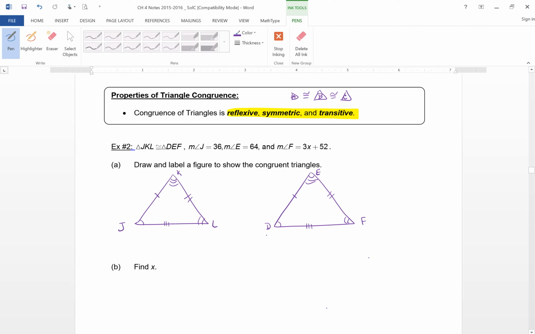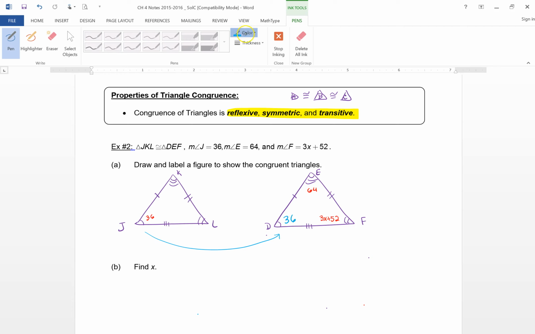Okay, so what are we told here? We're told that angle J is 36, angle E is 64, and what's F? 3x plus 52, okay? And we need to find x, okay? All right, so if we know that J and D are congruent, then I know that D is how big? 36, okay?